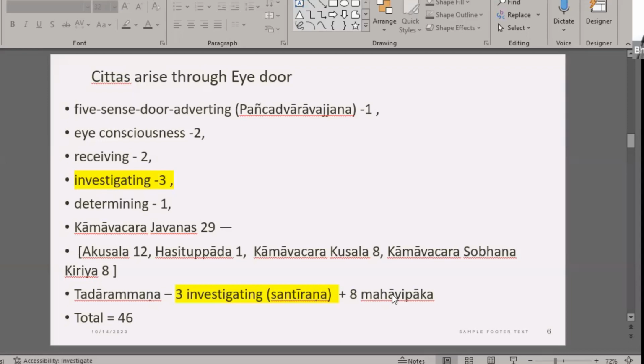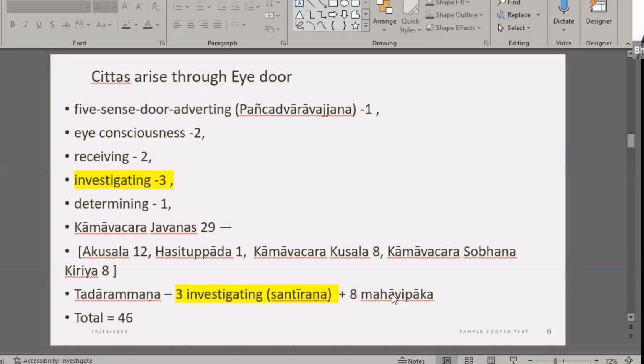This is like an outline of the thought process. Now we have understood that 46 chittas arise through the eye-door. Then let's move into the ear-door.